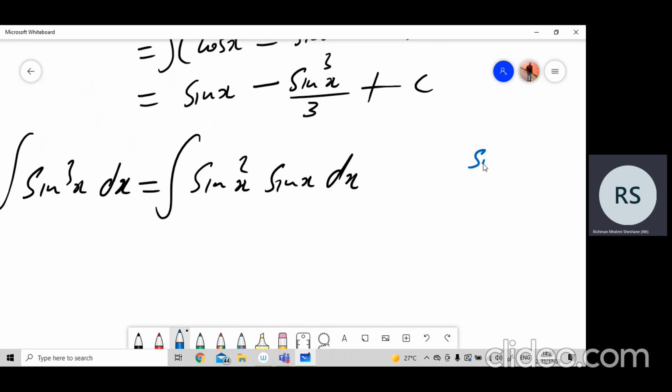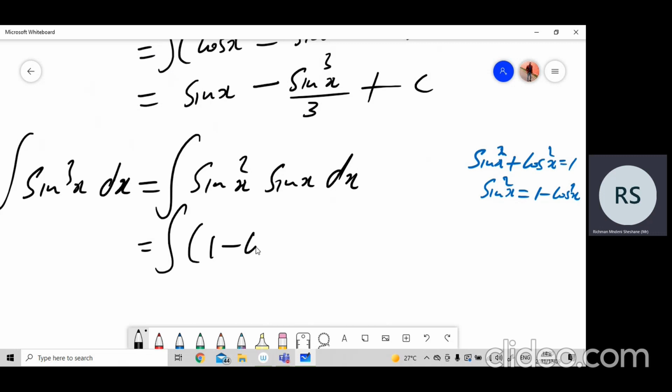When you have sine squared x plus cos squared x equals 1, you'll see that sine squared x is equal to 1 minus cos squared x. So you substitute this here.